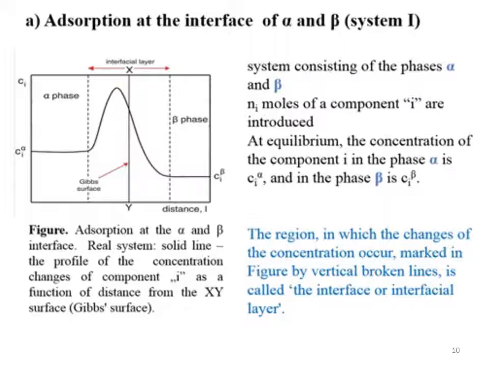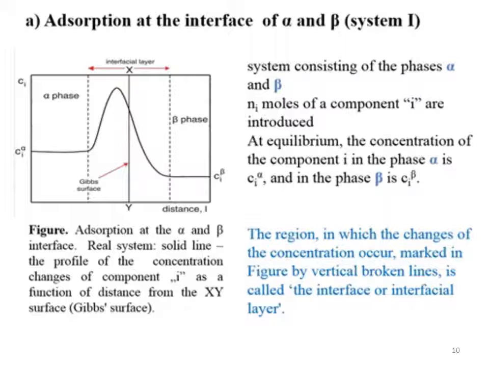The concentration Ci is the concentration of component I. Let us suppose a component I is present in both phases, alpha and beta. So Ci alpha is the concentration of the I component in the alpha phase, and Ci beta is the concentration of the I component in the beta phase.